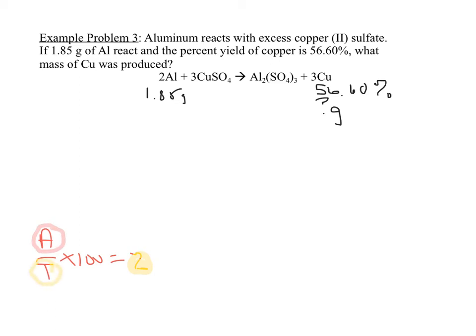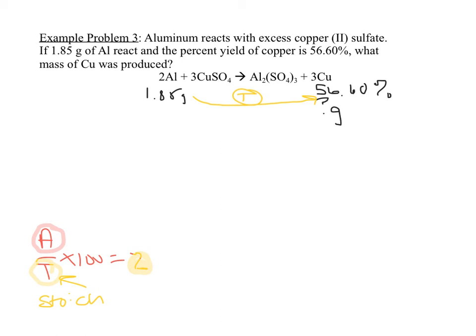Now remember, when you calculate it using stoichiometry. So what we're going to have to do is take that grams of aluminum, since that's not a yield, that can't go into our percent equation, we're going to have to convert it to a product. That's going to be our theoretical yield to find our actual. Now I chose to convert it to copper since that's the percent we have. If we'd been given percent of aluminum sulfate, I would have converted it to that.